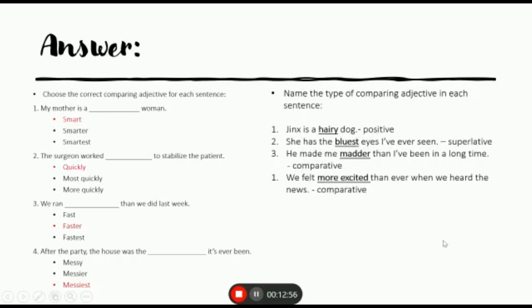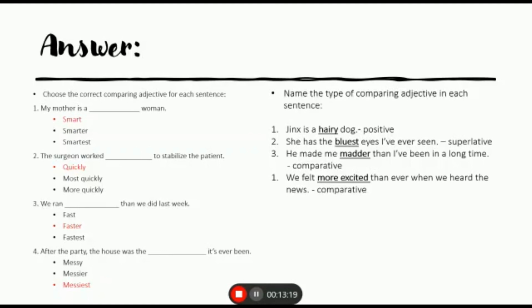My mother is a smart woman. As I told you, positive degree. The surgeon worked quickly to stabilize the patient. Positive degree. We ran faster than we did last week. It is a comparative degree. After the party, the house was the messiest it has ever been. So it is the superlative degree. Now Zinx is a hairy dog.